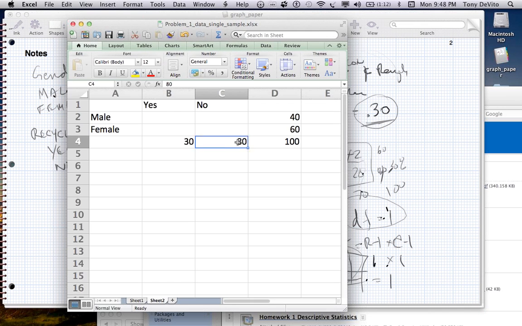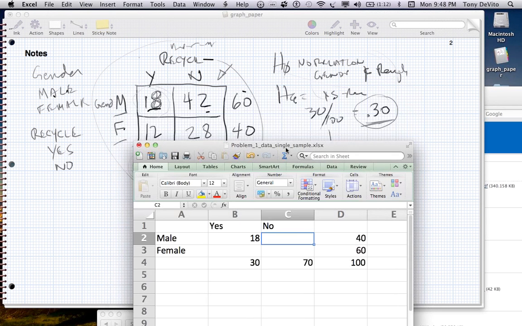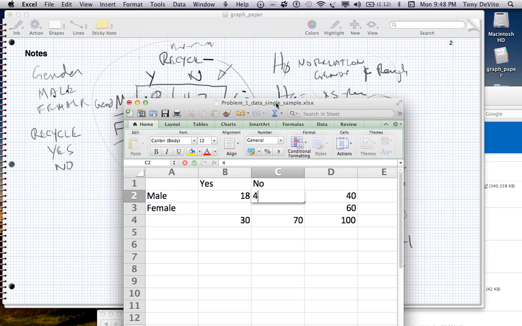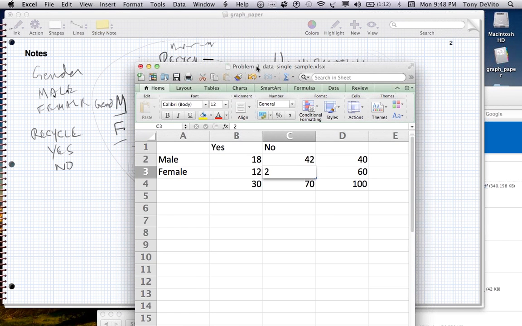Over here I had that should be 70. Now let's say in real life, I'm just going to fill in these numbers so we have exactly the same thing back here that we had here. Our expected values are 18, 42, 12, and 28.